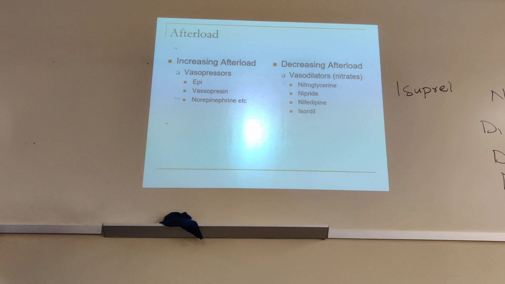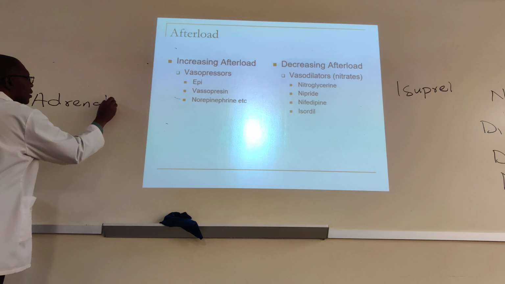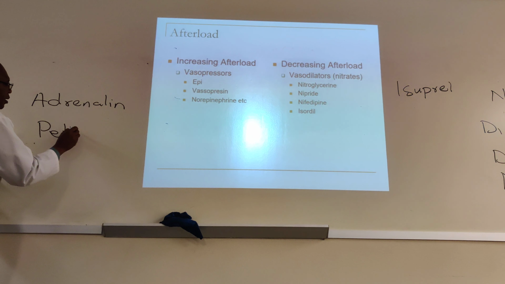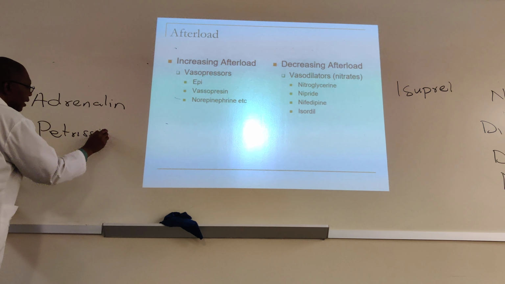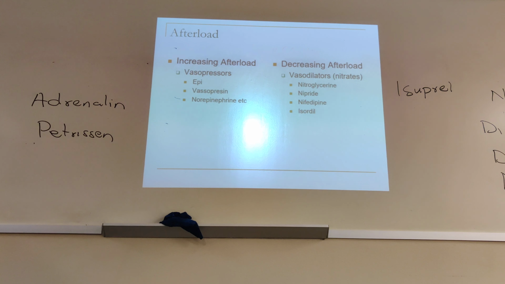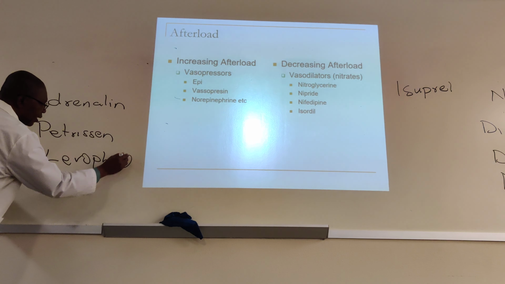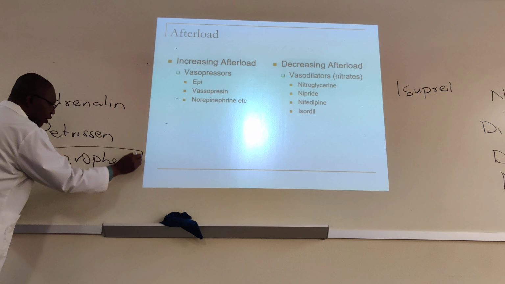Now, epinephrine is adrenaline. Vasopressin is, let me try to spell it. Vasopressin, somebody can Google that and make sure it's right. I think it's vasopressin, like that. And then norepinephrine is Levophed, very common, Levophed. Very potent vasoconstrictor.